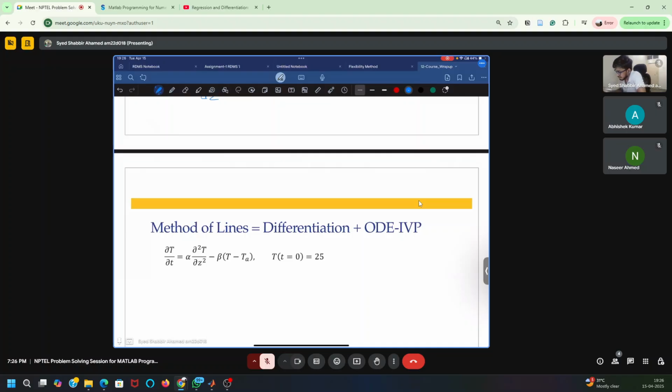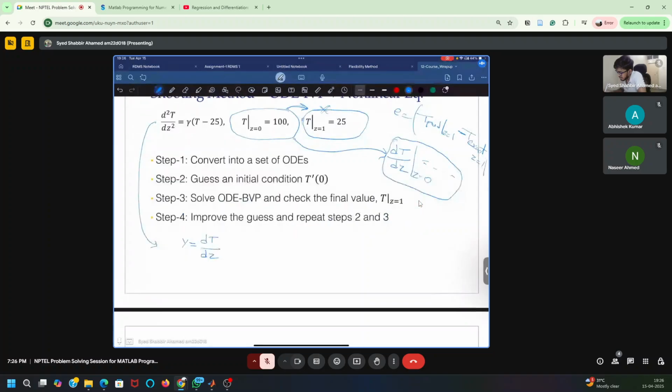So we convert this second order ordinary differential equation into ordinary differential equations of first order. So you can take y equals dt by dz, and we can write this as t and y.